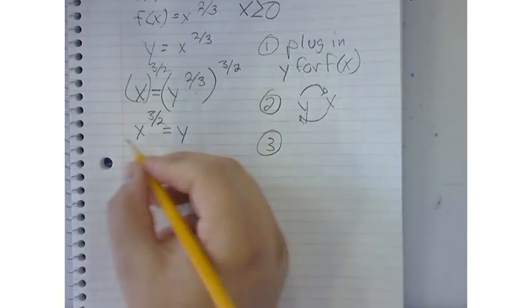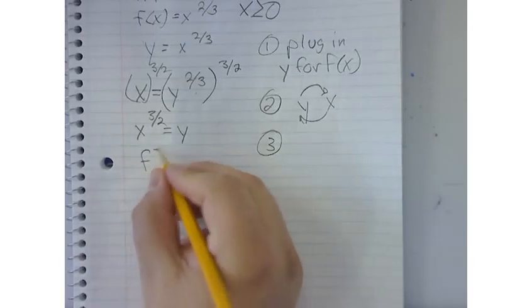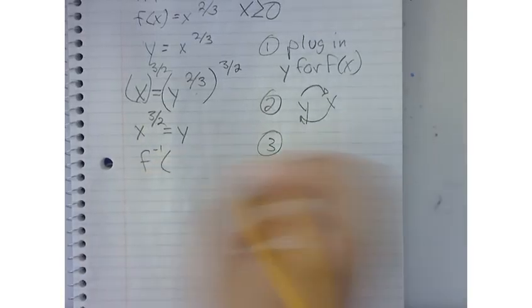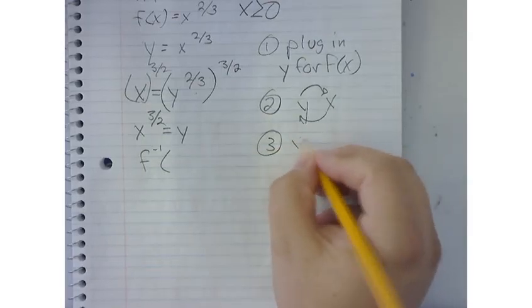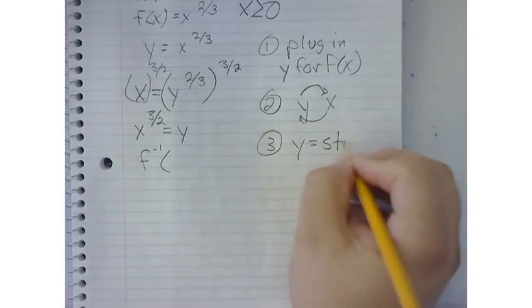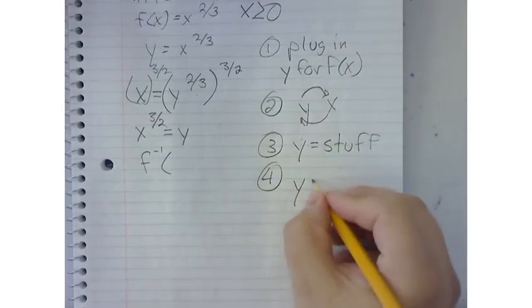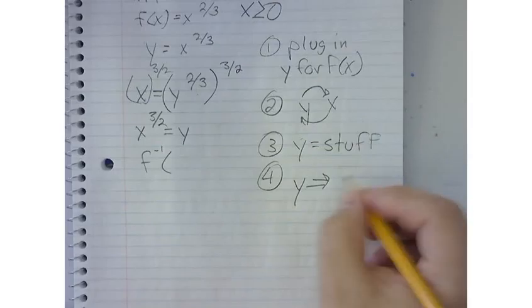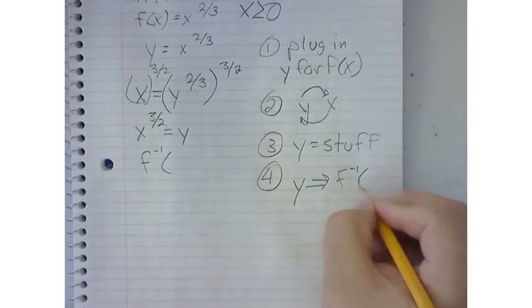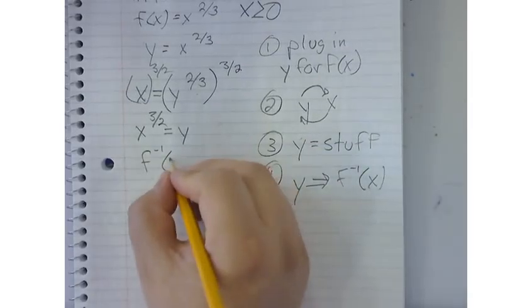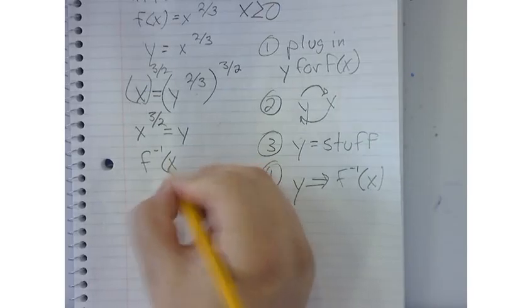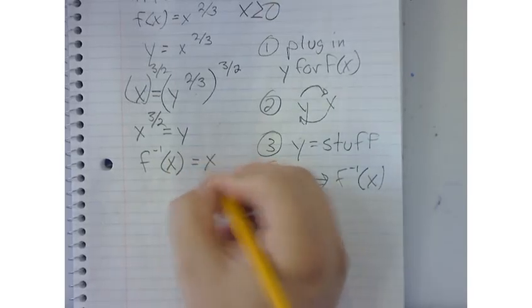Then we just replace it with our function notation. So here we would solve y equals some stuff, and then for step 4 we would replace y with the inverse function notation. Okay, so the inverse is equal to x raised to the 3/2.